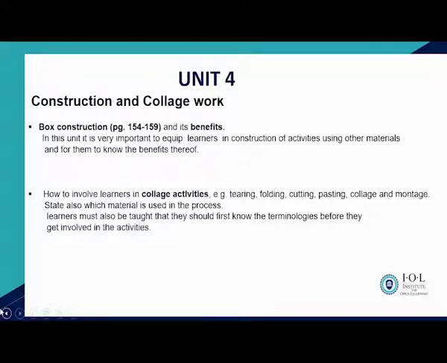You will find out already what is collage, the different pieces that you put together, what kind of pieces they are. Then we talk about tearing, folding, cutting, pasting, collage, and montage. State also which material is used in a process. Learners must also be taught that they should first know the terminologies before they get involved in activities.